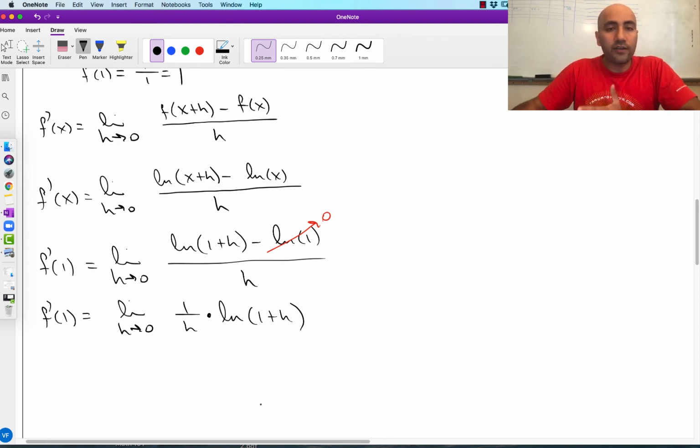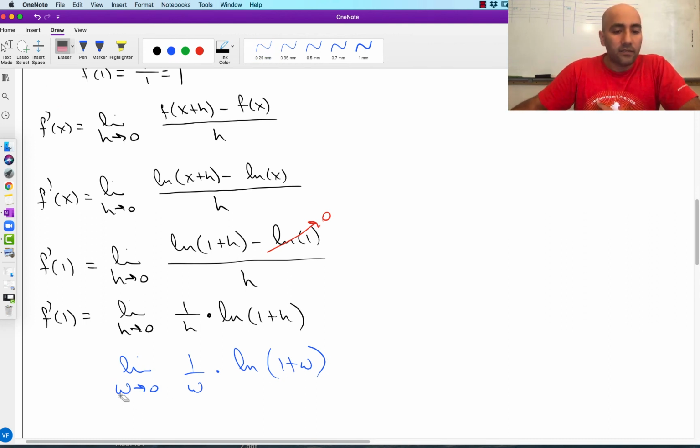Okay, well, now we come to algebra's favorite trick. Let's change all functions to x. I don't know why, it's just customary. Algebra loves x. So this is a function in h, the limit as h goes to 0 of this thing. We're trying to express an idea, and there's nothing special about the letter h. So I could say the exact same thing as the limit as w goes to 0 of 1 over w times ln of 1 plus w, for example. All I did is change every h with a w, same thing.